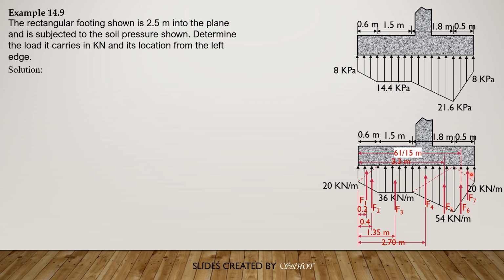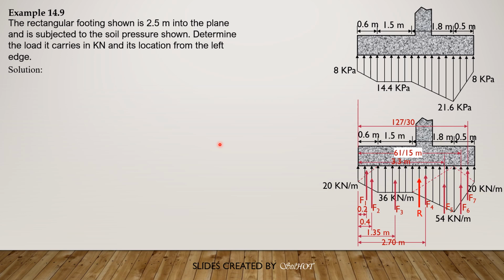And lastly, F7, its distance from the left end is 2.1 plus 3.9, 4.4. 4.4 minus 1/3 of 0.5. So 127 over 30. So since we have reduced the surface loading into 7 loads, then we simply compute the magnitude of these forces as area of triangle.